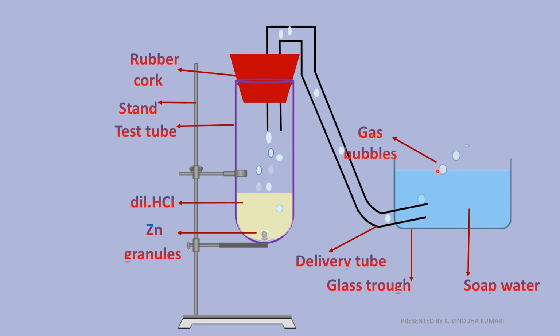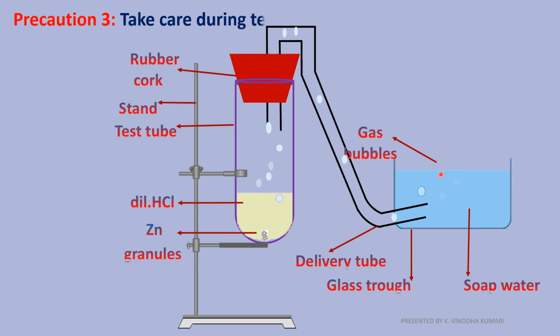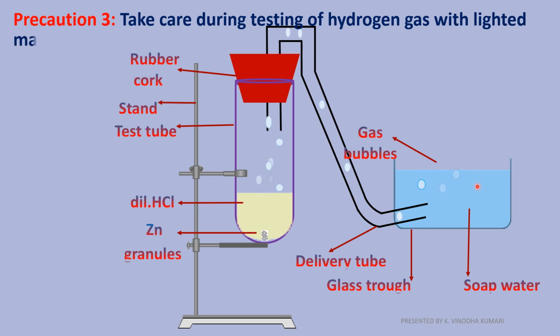What will happen? While testing the gas bubbles, we have to be a little bit cautious. Why? Because we are using the lighted matchstick or candle. You can use a candle also. Because it is a gas, you should be a little bit cautious.